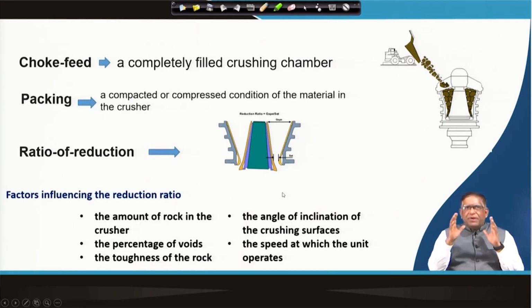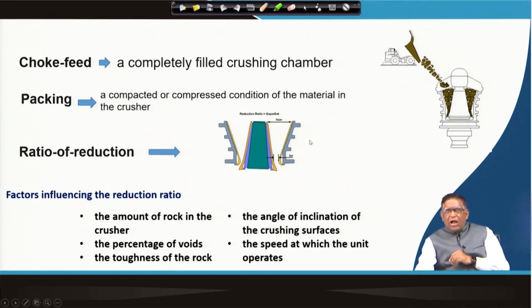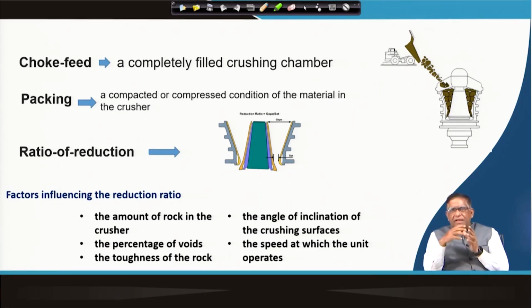So, these types of terminology are very, very important in your designing, in the operations and in the practical field. Now, how will you decide that reduction ratio, because the run of mine material coming out of the mine may have different fragmentation depending on your blasting.